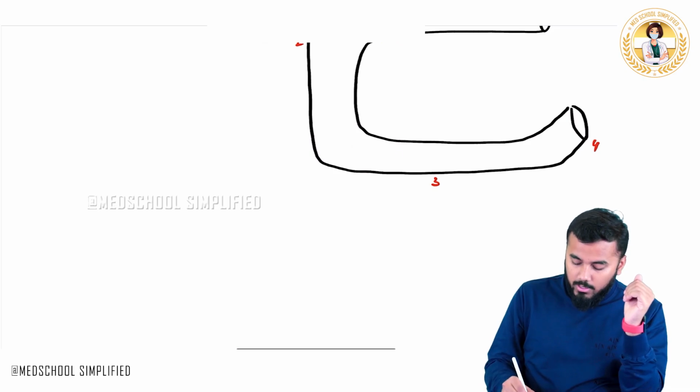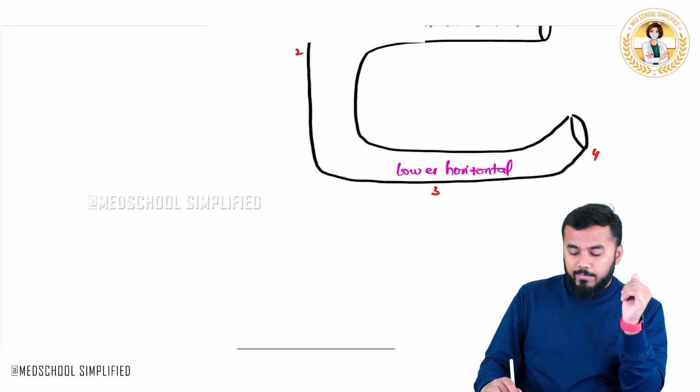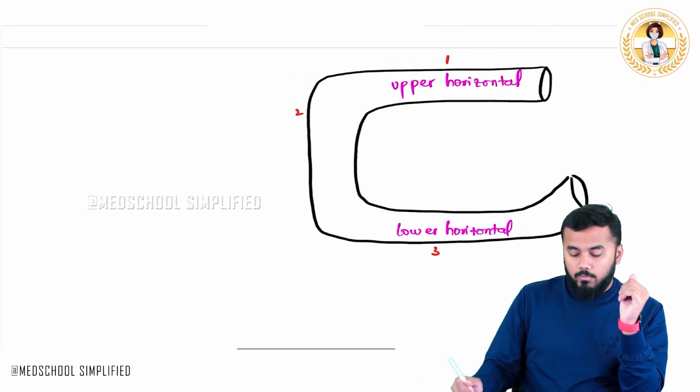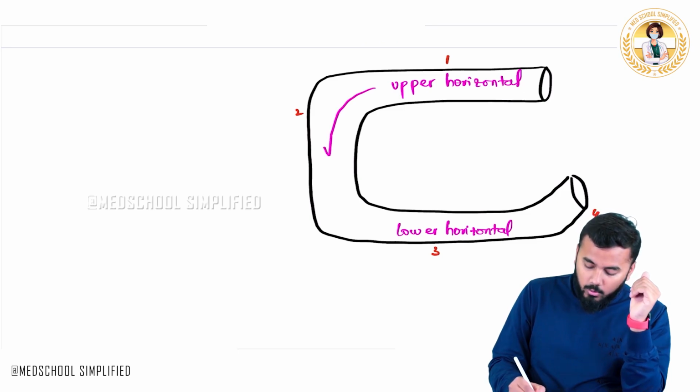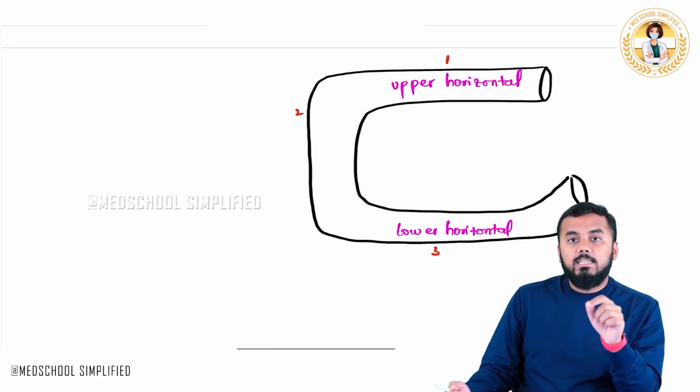Whereas the third part is called as the lower horizontal part. Okay, now from the upper part, how do you come to the lower part? You descend down like this. So that is the reason why the second part is also called as descending part.